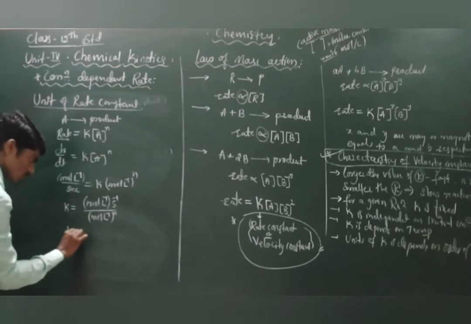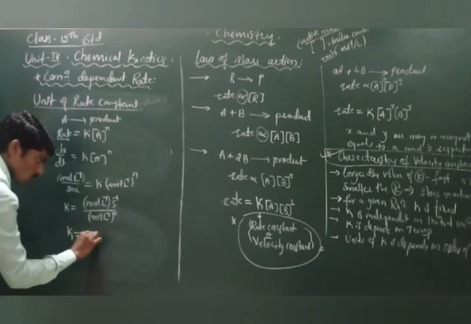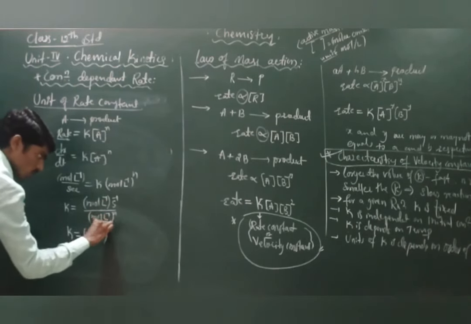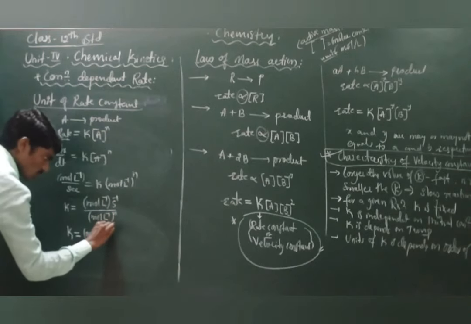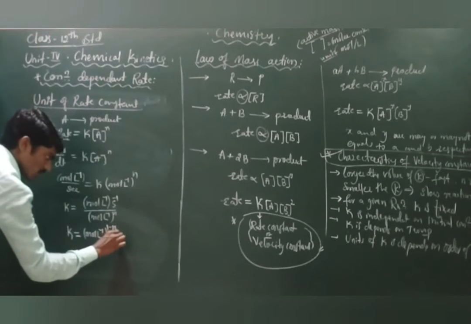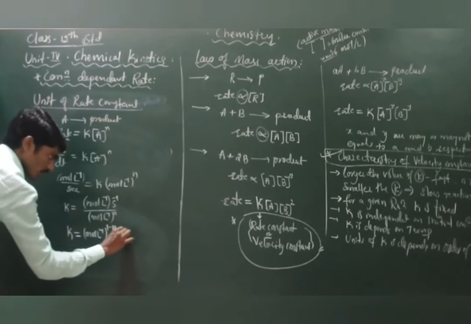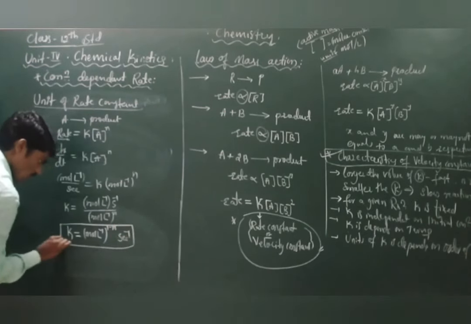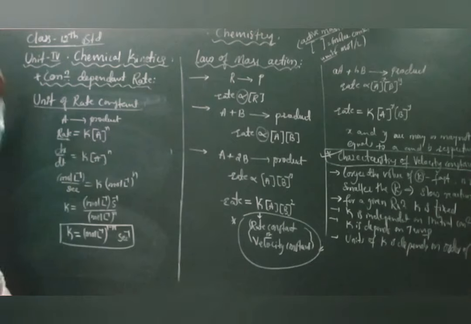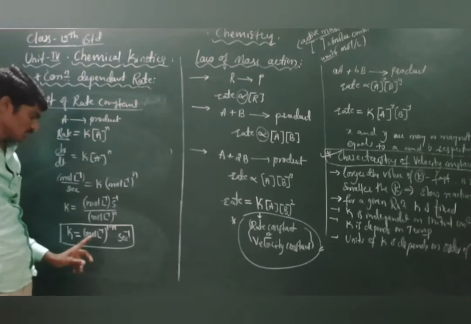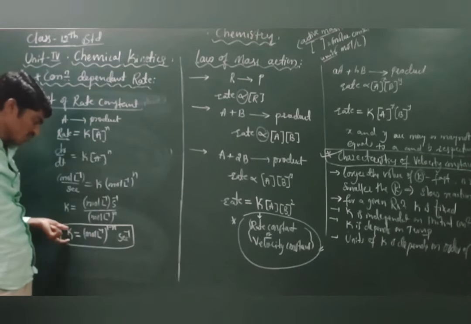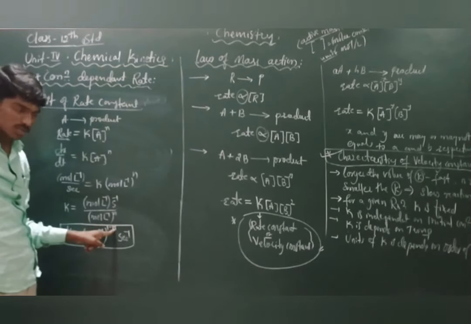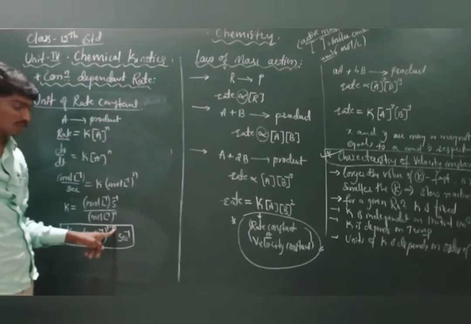Therefore the general unit is moles per liter to the power 1 minus n, per second. Please note this unit of rate constant. It is important: the unit of rate constant for nth order reaction. ये order of reaction आगे हम डिस्कस करते हैं आपको.